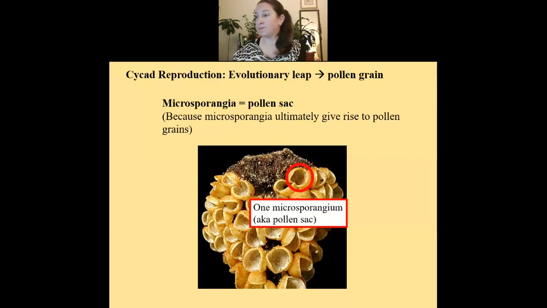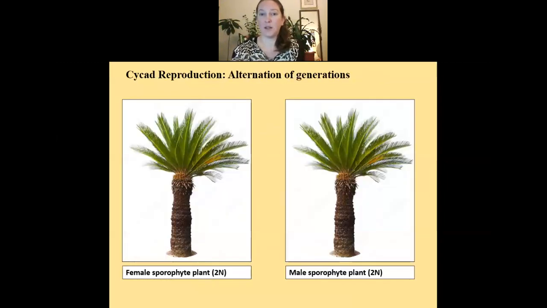Cool. All right, so what do we have left to do here? Okay, not too much. That's good. So what we're going to do now is we have learned the players, and we're going to go through alternation of generations as it pertains to the cycads. And I will say that a lot of the steps we're going to go through today also pertain to other gymnosperms, meaning ginkgo and the conifers.